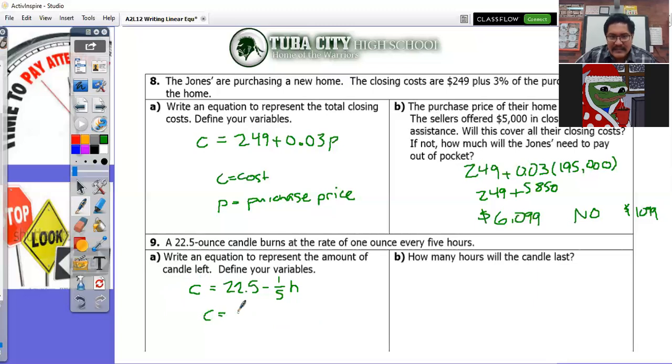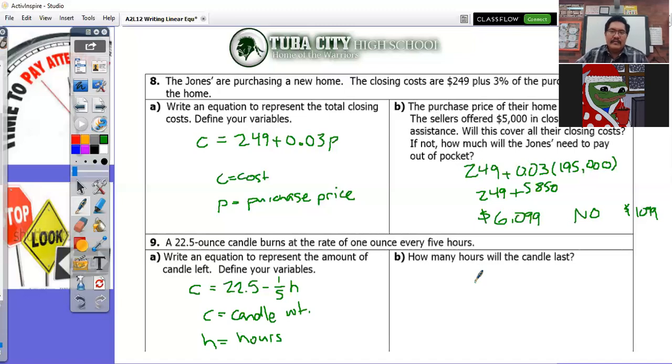So C is candle weight, and H is the number of hours this candle has been used. The longer the candle is lit, the shorter the candle itself gets. So that's a negative relation, negative going down.